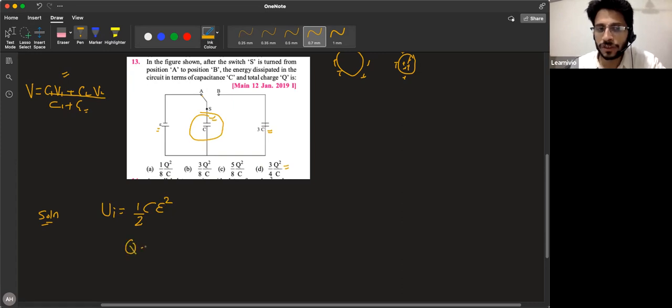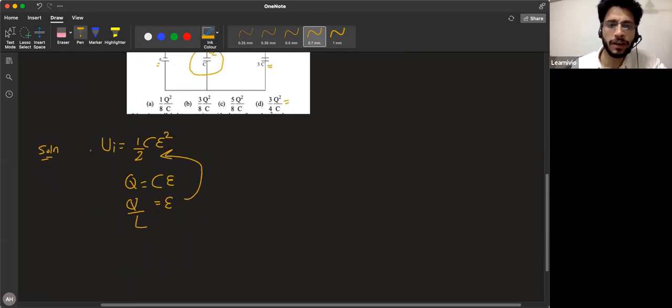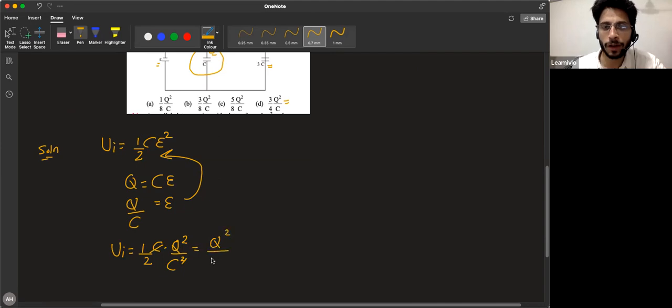You know Q is CE, so you can say that E is Q by C. So you can easily eliminate E. Instead of E, write Q by C. So the initial energy is half C into Q square by C square. C will cancel one power, so it's Q square divided by 2C. This is the initial energy.